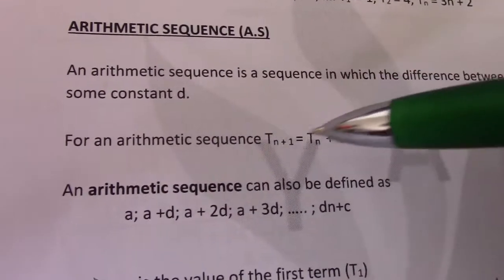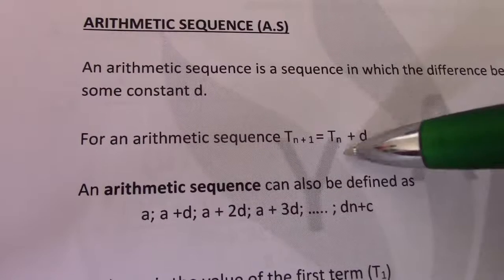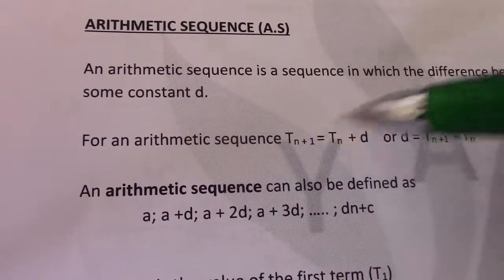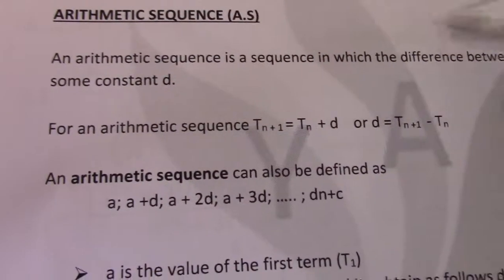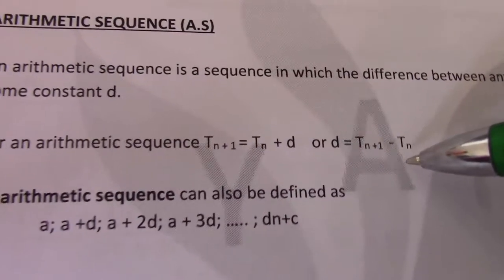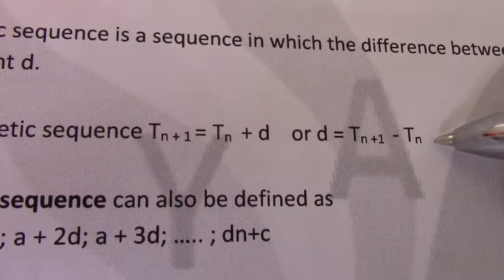So for the arithmetic sequence we can say term n plus 1 equals term n plus d. So if that was term 1, to get to term 2, I'm going to say term 1 plus my constant difference d. Or stated differently, I can say d equals Tn+1 minus Tn, or simply put term 2 minus term 1.